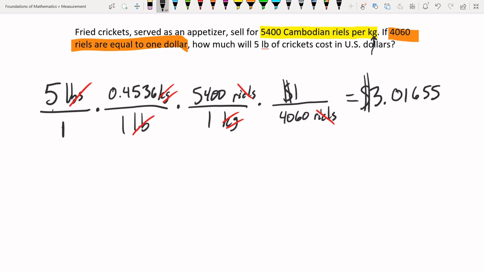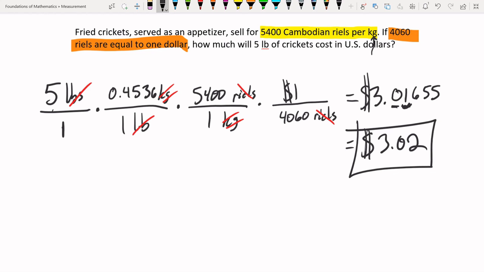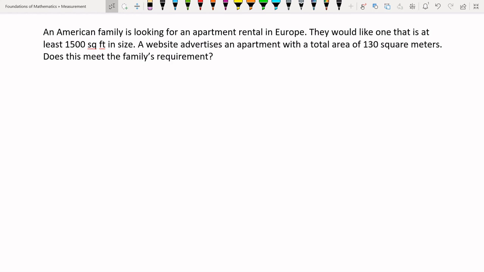Make sure my math is correct. Looks good. Okay, and of course this is in dollars, so we don't do significant digits here because dollars has a certain specified quantity. You always round to the nearest cent, which is 2 decimal points. That's how we use dollars, right? So this is going to be $3.02. That's how much 5 pounds of crickets would cost.